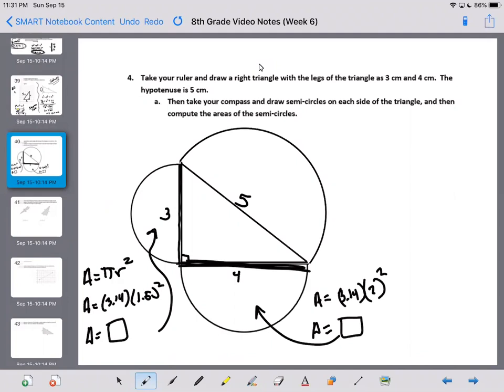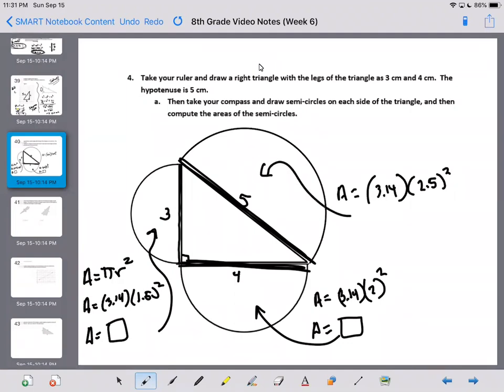And then if this length is 5, then that radius would be 2.5, so we'd have to square it, multiply it by approximately 3 14/100, and that would give us the area of this semicircle. So we would say that this area plus this area would equal this area.